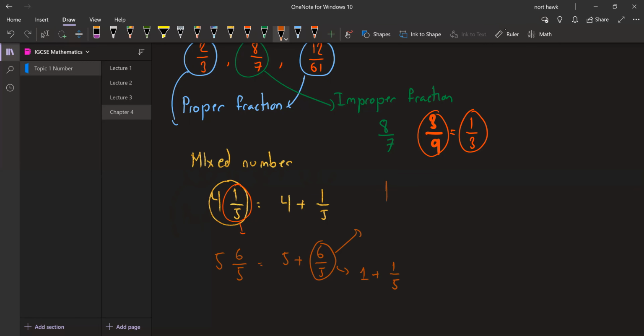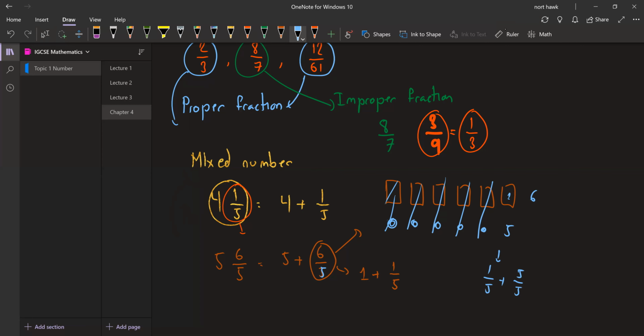Because this is 6 equal parts, right? But there are only 5 places, so 5 are taken, and the one left out is 1/5. 5/5 is equal to 1.